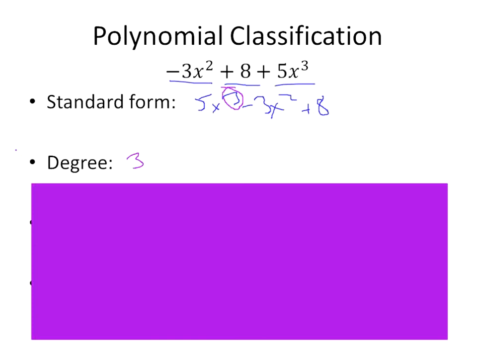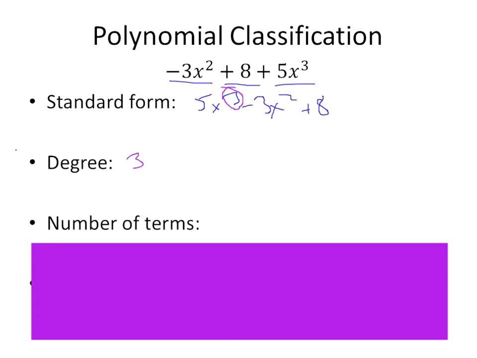And that highest degree of 3 tells me something. We're also looking at the number of terms. How many terms do we have? And we look and we count that, and we can see there's 3 terms, which tells me it's a trinomial.